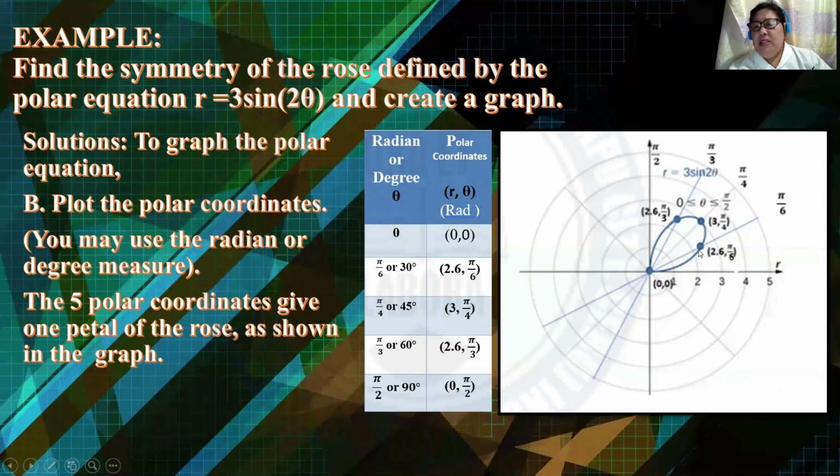This is pi over 6 or equivalent to 30 degrees. Then here 2.6 and pi over 3, because the location here is pi over 3 or 60 degrees. And then for 90, that is 0. So 0 again here, pi over 2 or 90. So this is 1 petal of the rose.